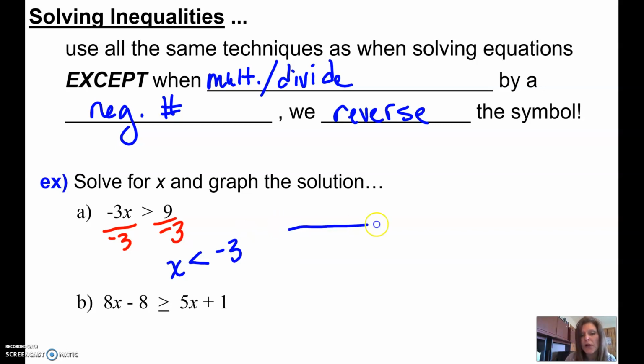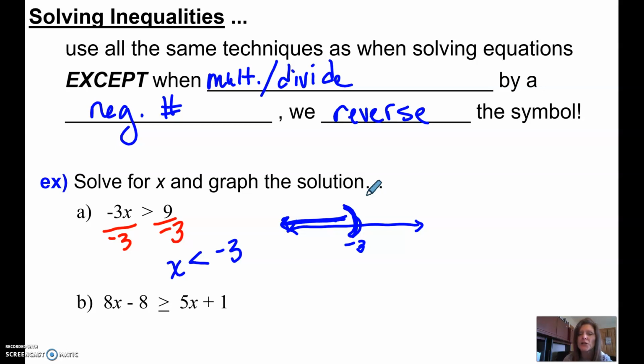So if I want to graph this, I would find my negative 3, and I'm going to use my bracket parenthesis notation here. I want x to be strictly less than the negative 3, so I'd be shading to the left, and I would use a parenthesis there to indicate that it gets to the negative 3 but doesn't include it.